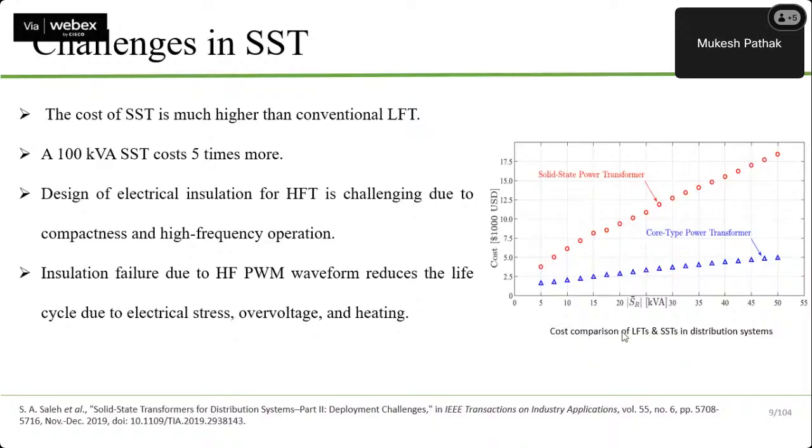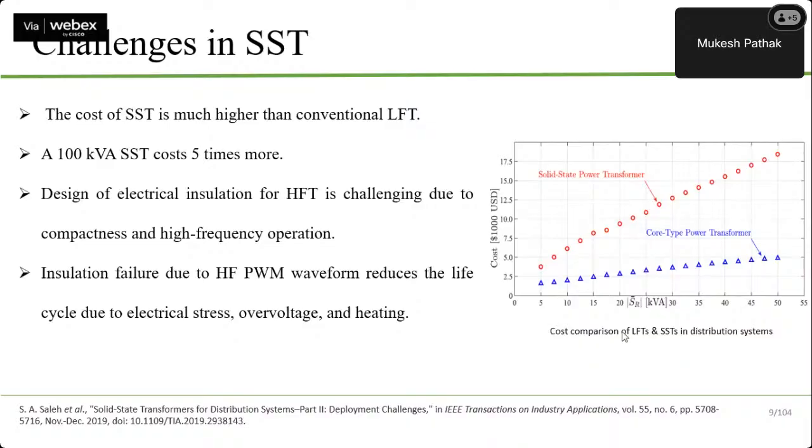So insulation failure due to high frequency PWM waveform reduces life cycle due to electrical stresses, overloads, over voltages, and heating. So these are the challenges, particularly the cost, the installation, and thermal management. These are the challenges which need to be addressed.